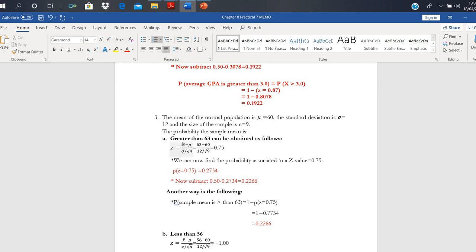By using the Z formula, we have the sample mean, which is the hypothesized mean, 63, minus the population mean, which is 60, divided by the standard deviation of the population, which is 12, divided by the square root of the sample size, which is 9. So if you do this calculation, you will have 0.75.